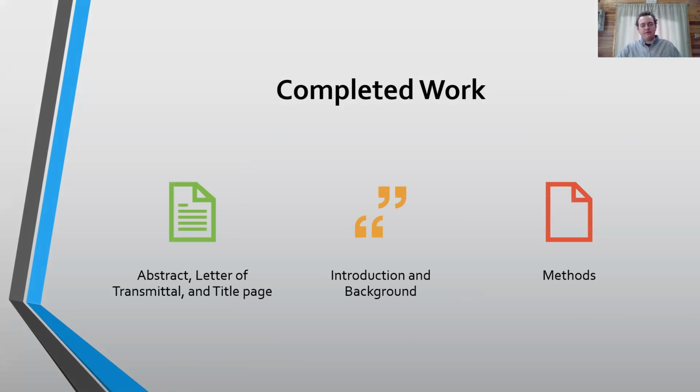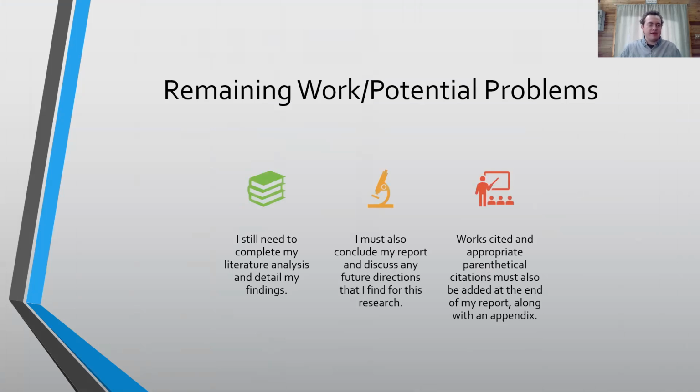Now, as for my completed work, I've completed most of the front matter, including the abstract, the letter of transmittal, the title page. I've also completed my introduction, and I have listed my methods in my report thus far. As for my remaining work, I need to read up on some more literature and analyze it and detail my findings.